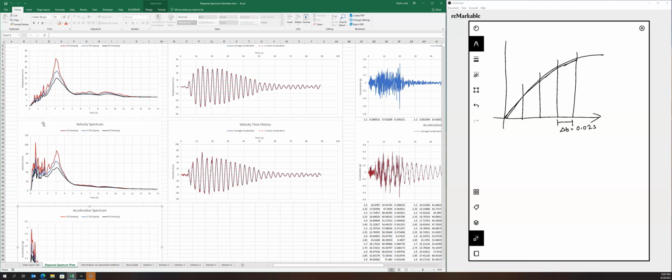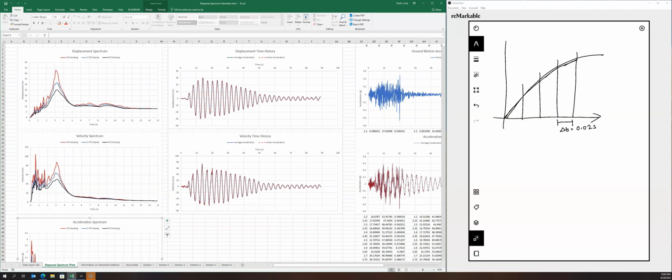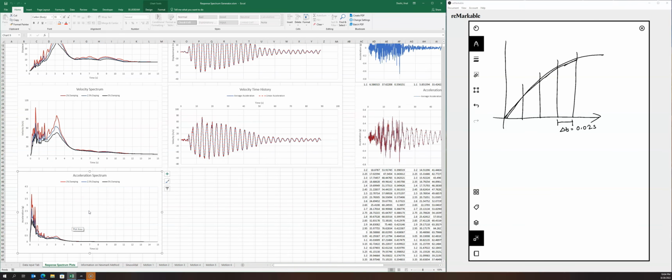You see something very interesting: at shorter periods, it's acceleration that's very high in the buildings, and with longer periods, it's your displacement that stays fairly high compared to acceleration. And this is quite important to understand fundamentally if you are designing buildings for any earthquake.